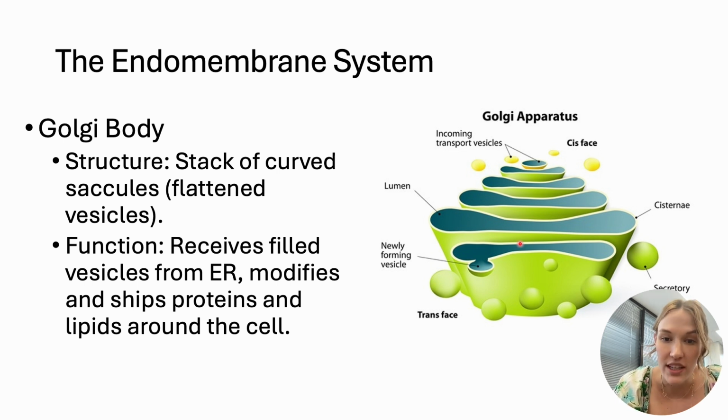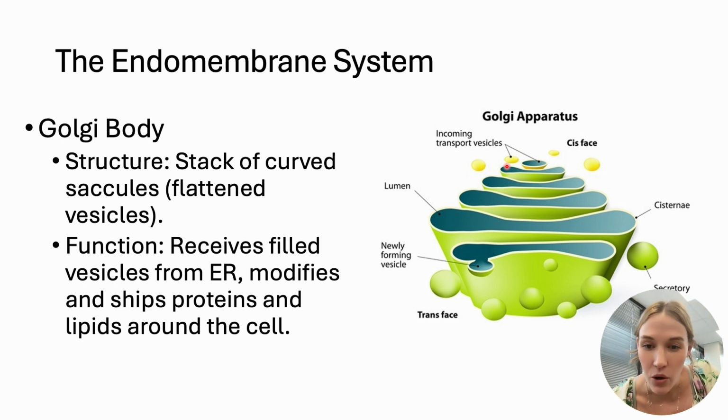So the Golgi is going to receive transport vesicles from the ER, and then it's going to modify whatever is in that vesicle. Like I said, it's usually proteins. But the question is, when we make a protein at the ribosome, how does it know where to go? Because proteins are made for the mitochondria at the ribosome, they're made for the lysosomes, they're made for the peroxisomes, which we're going to talk about later.